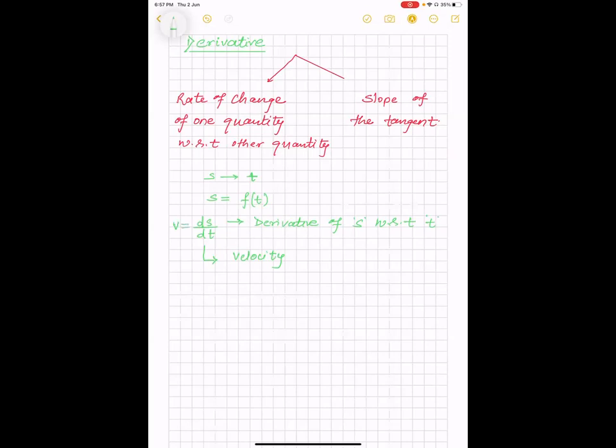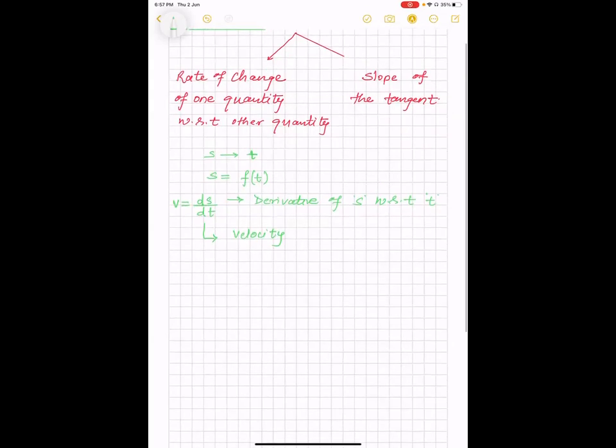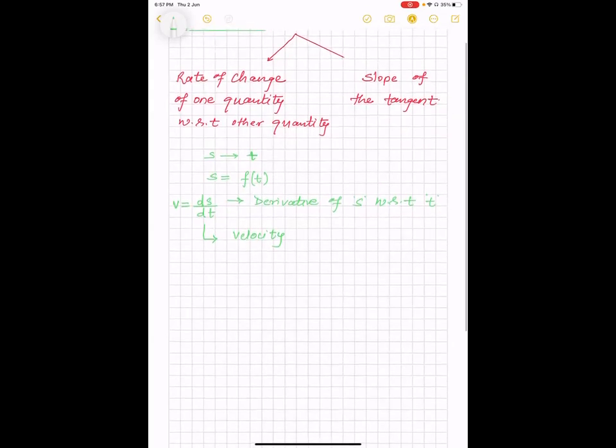Likewise, we can have another example. We know that cost of a function depends on basically the demand of the function. If I say C is the cost and D is the demand, so I can say cost will be a function of demand.